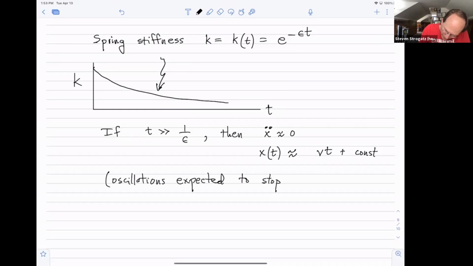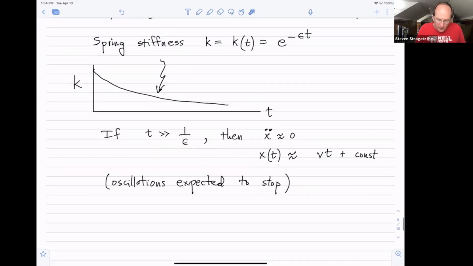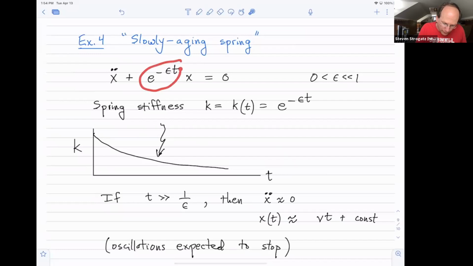I'm just trying to build up a little intuition before we solve this problem with the WKB method. It should stop oscillating after a long time, but before that, when it has a spring, it should oscillate. The time scale for the decaying of the spring is this 1 over epsilon time scale, whereas this number is itself order 1. If you're good with oscillators, you'll recognize that the coefficient of x is like the natural frequency squared.